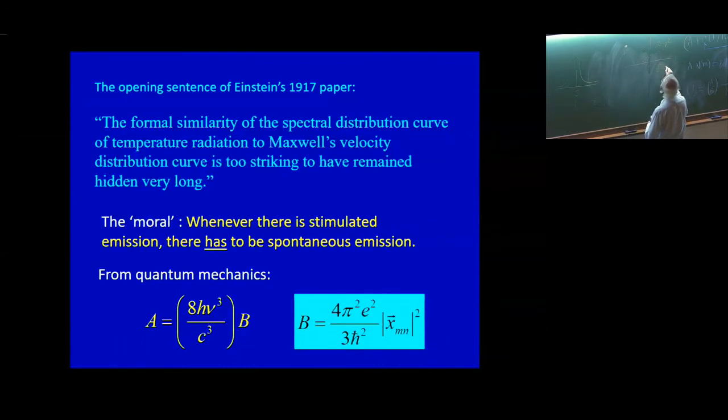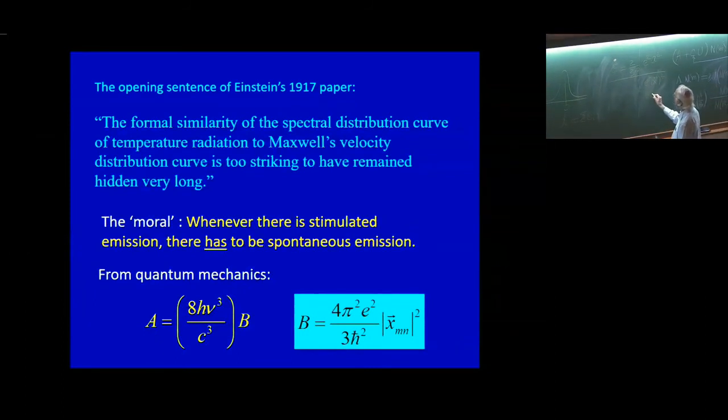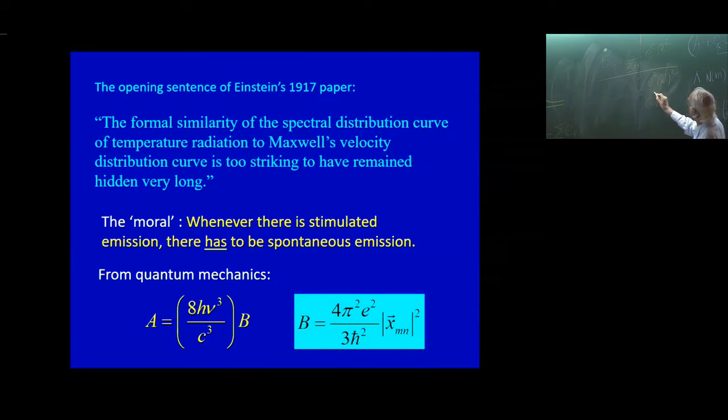So e squared into x double dot whole squared, acceleration squared. That is equal to e into x double dot whole squared. So in other words, that is equal to the electric dipole moment second time derivative whole squared.